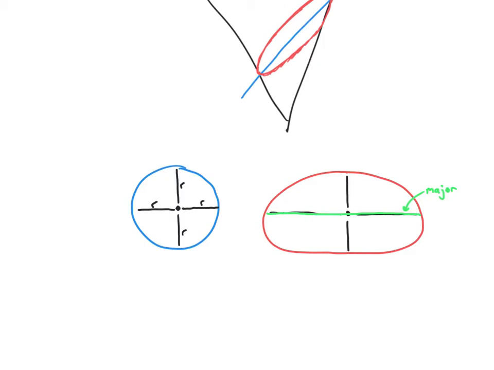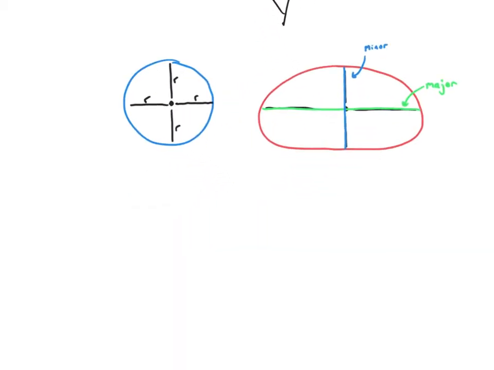And the other one, since it is smaller, will be called the minor, right? So sometimes it's called the major radius and the minor radius, or the major axis and the minor axis. You kind of hear those words, major and minor.